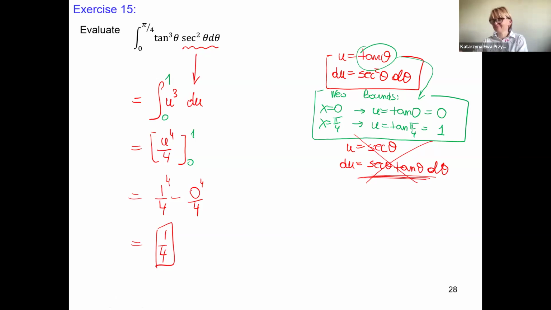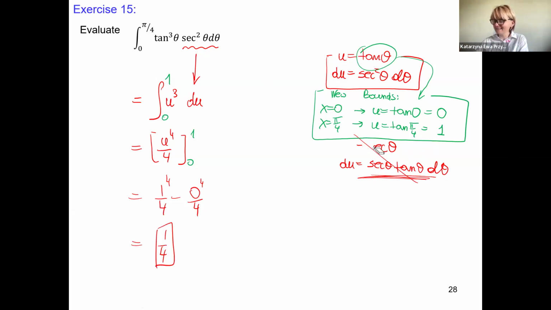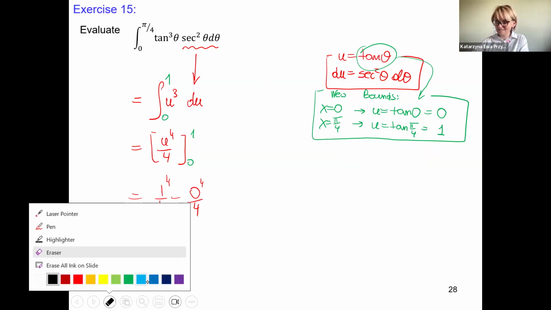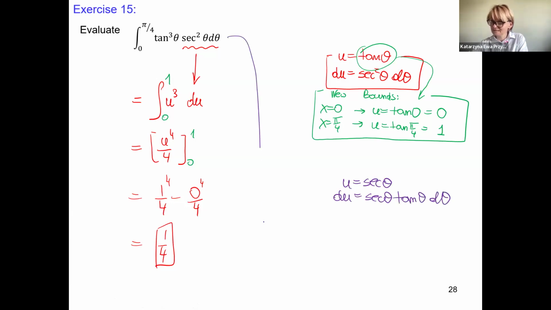Interesting. Actually, if you decide to do u equals secant theta, then the derivative of secant is secant theta tangent theta d theta. And let's see how we can rewrite.